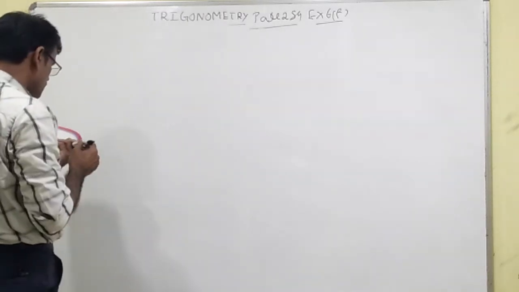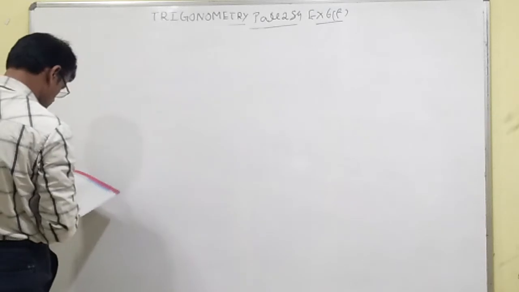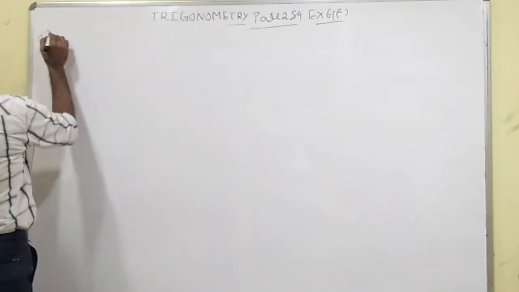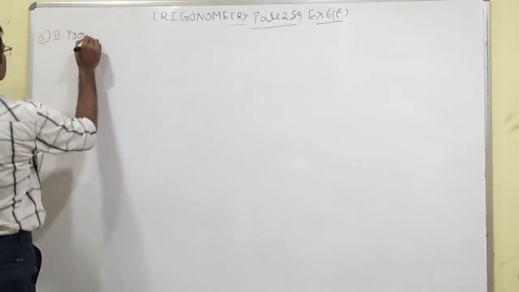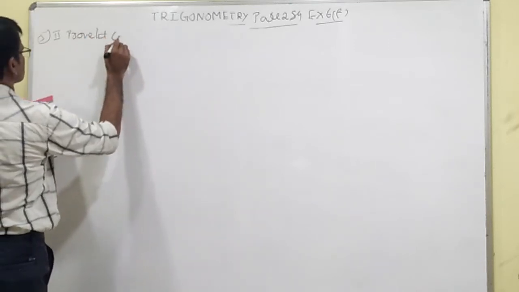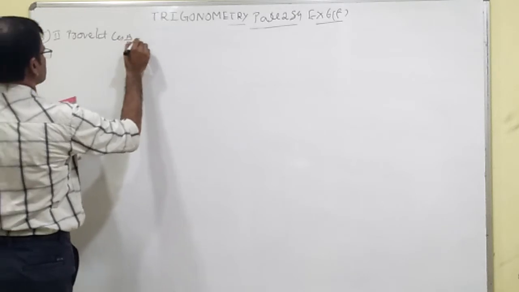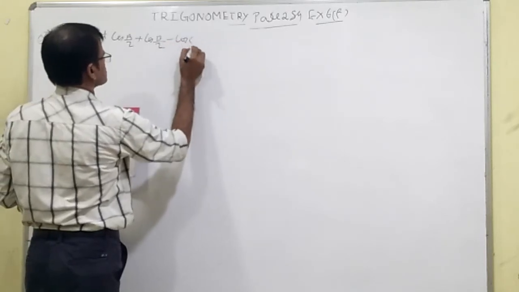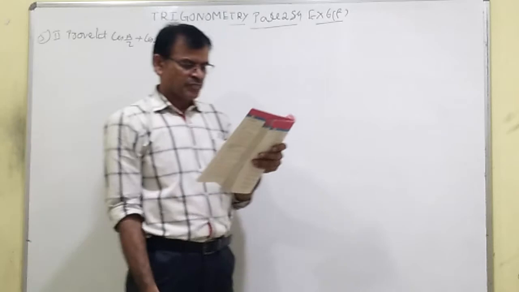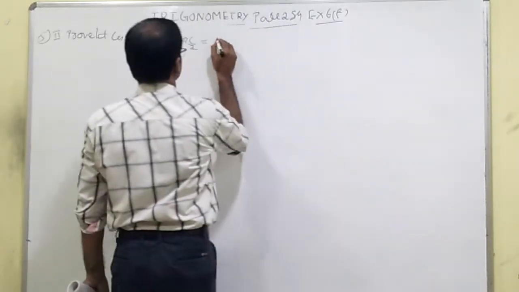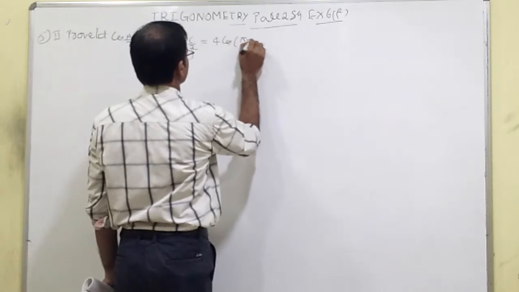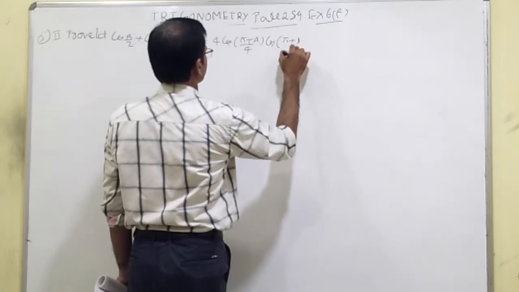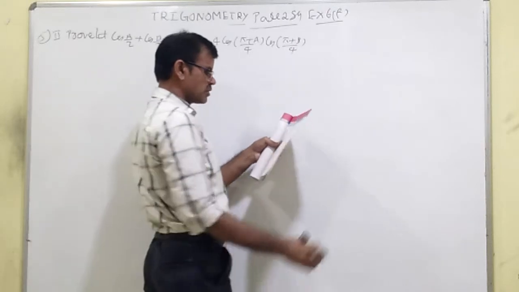Second question is there: prove that cos a by 2 plus cos b by 2 minus cos c by 2 is equal to 4 cos of (pi plus a) by 4 into cos of (pi plus b) by 4 into cos of (pi minus c) by 4.